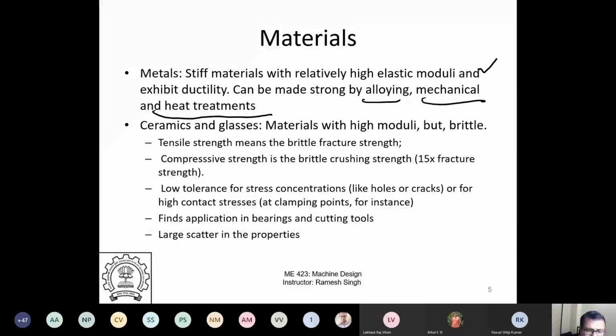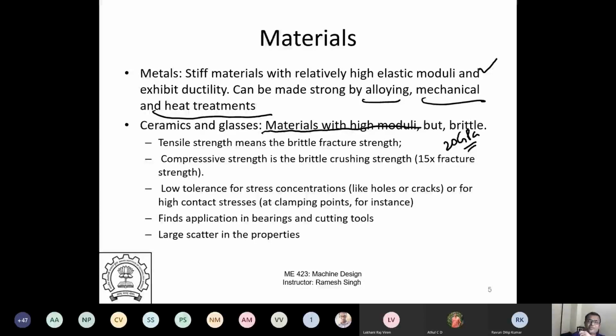Then there are ceramics and glasses. They have very high moduli, and in some cases very high strength, up to 20 GPa.